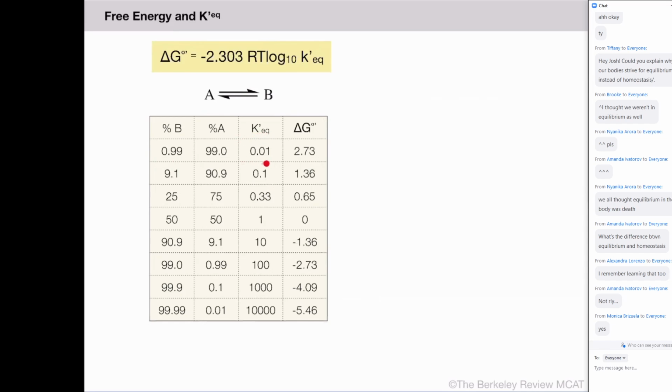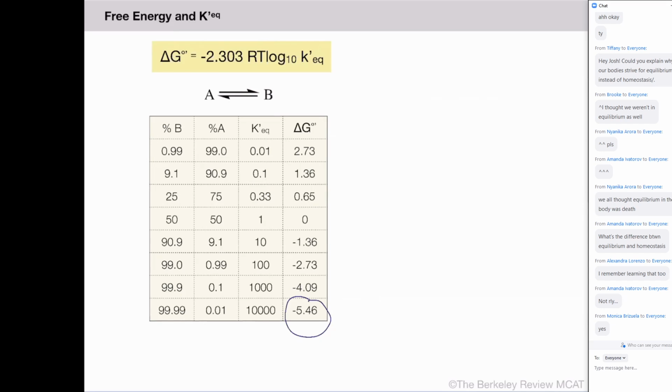So you're going to have a really small KEQ, and that's going to correspond to a large positive delta G naught prime. And as the KEQ increases, you're going to notice that the delta G naught prime gets smaller and smaller until you have a very large negative delta G.